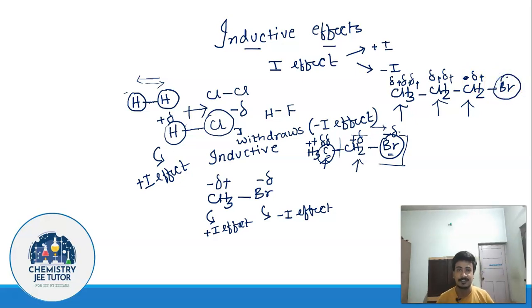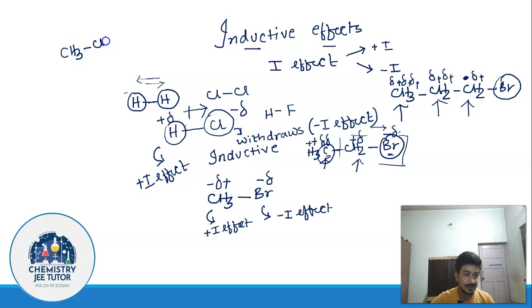I believe this is clear. So what I wanted to tell from this is that inductive effect is actually distance dependent. The nearer it is to the group which is inducing the effect, the greater the intensity of the effect is.